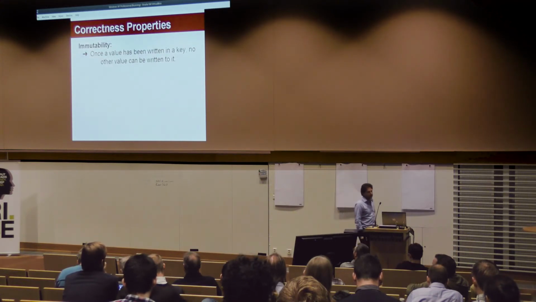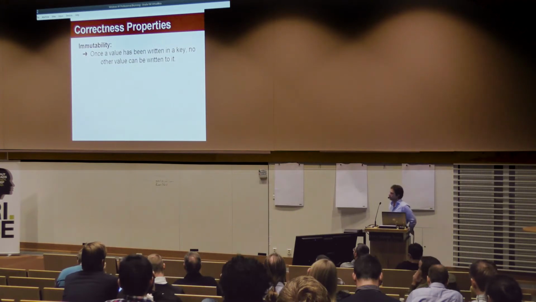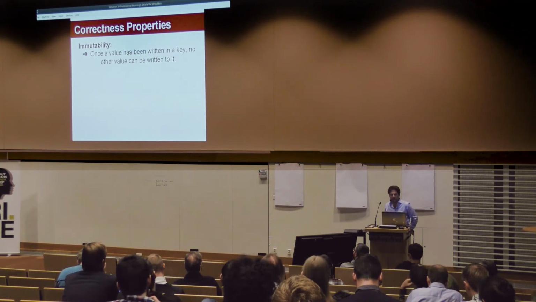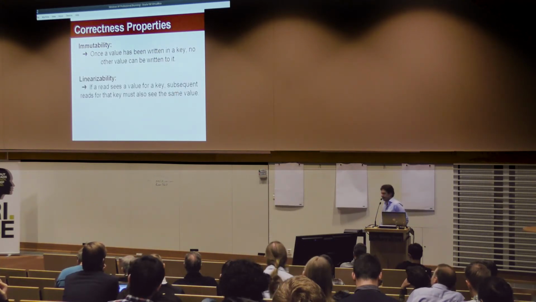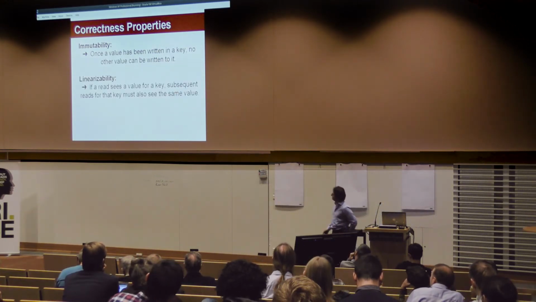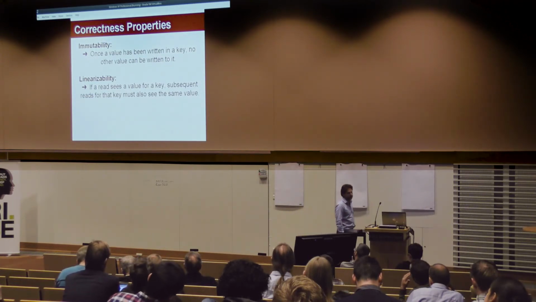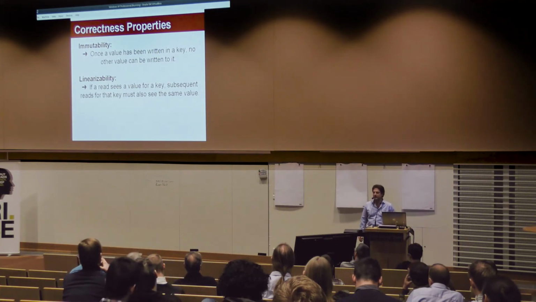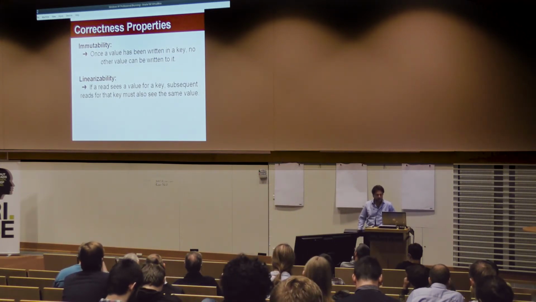And you check two different correctness properties. The one is immutability, because CORFU is a database that requires immutable values. So once a value has been written to a key, no other value can be written to it. And linearizability, that if a read sees a value for a key, then subsequent reads for that key also must see the same value. So these are the two correctness criteria that you require.